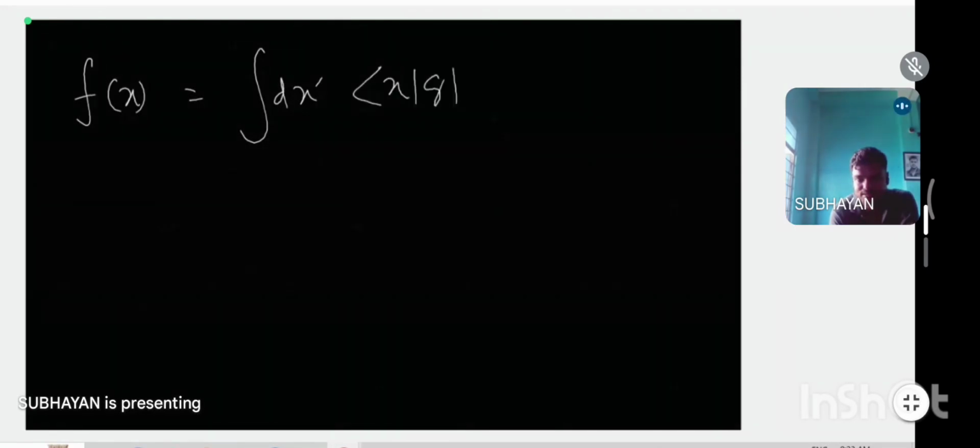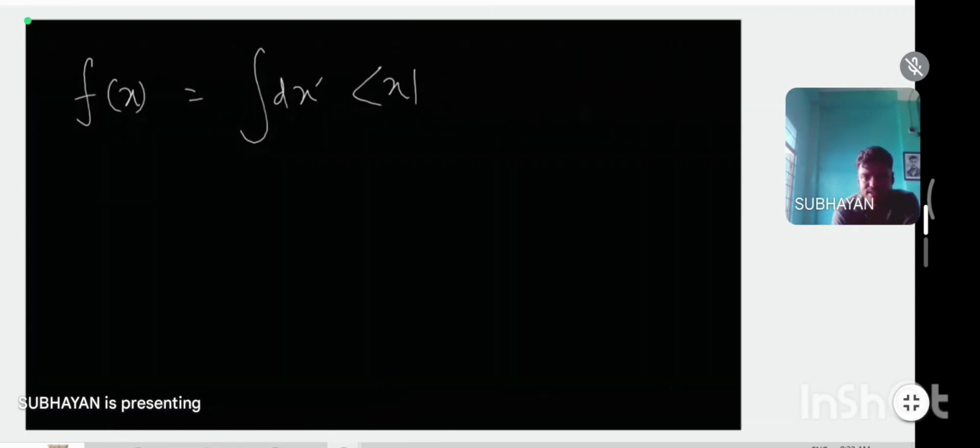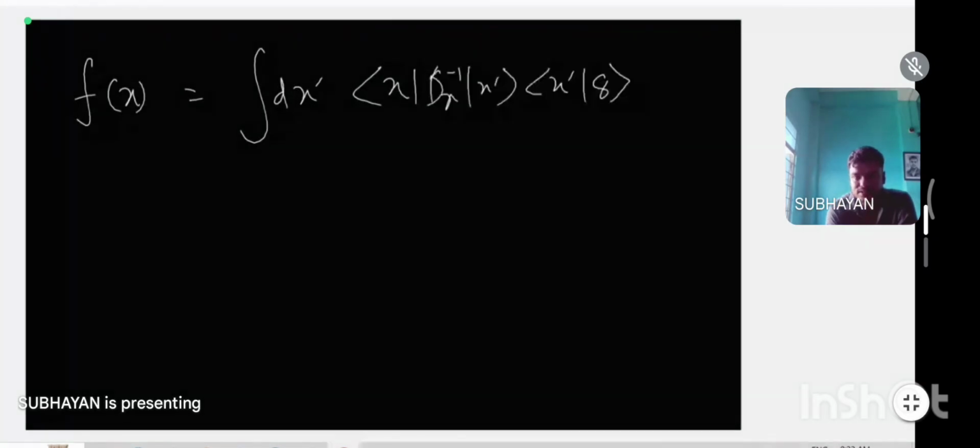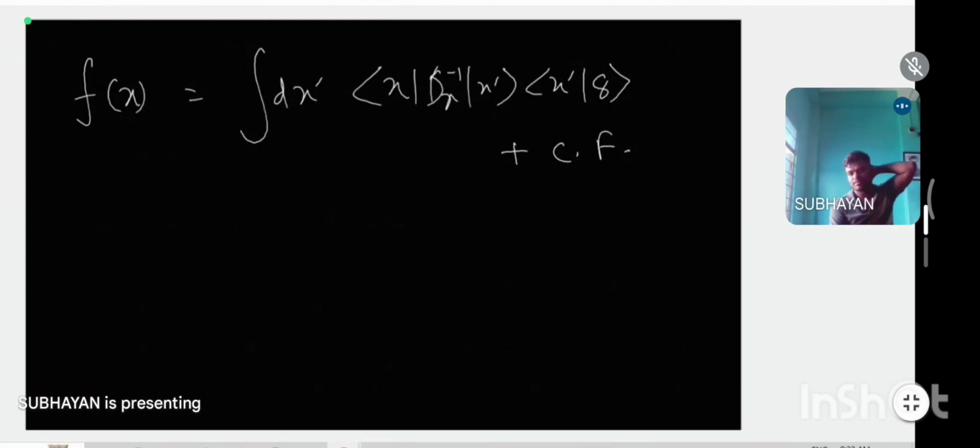So here also, then you can write fx equal to integration of dx prime, then x dx inverse of x prime of g, plus some complementary function part.